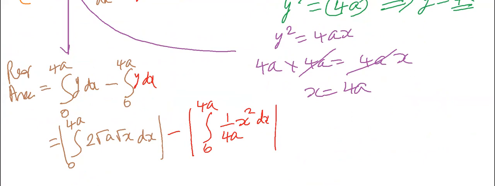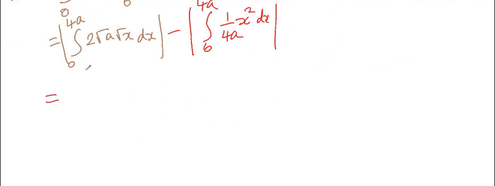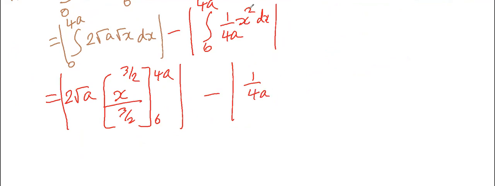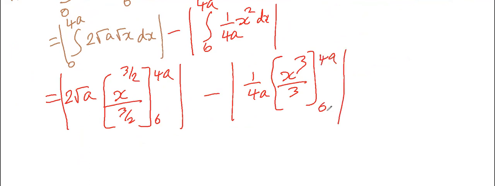So let's solve this. Now here you can see that 2 root a is common, so you have taken 2 root a common, and integration of root x is x to the power of 3 by 2 upon 3 by 2, and then you put the limit from 0 to 4a. This is mod. Similarly here 1 upon 4a is constant, you have taken out. Integration of x square is x cube upon 3, and then you take the limit from 0 to 4a and then mod.